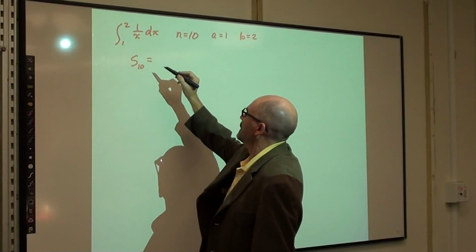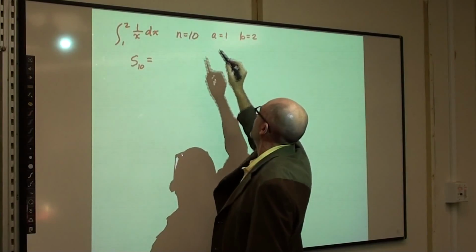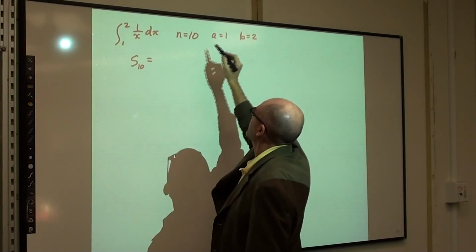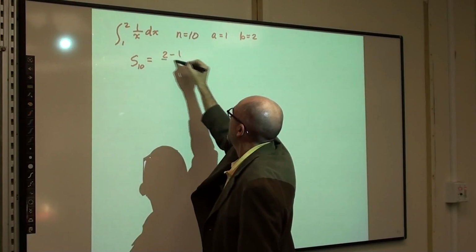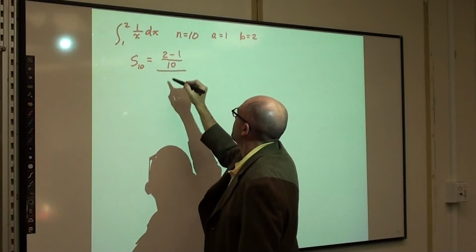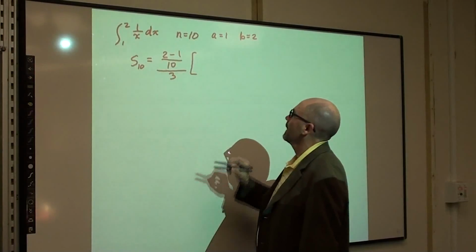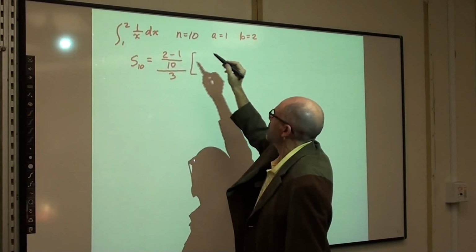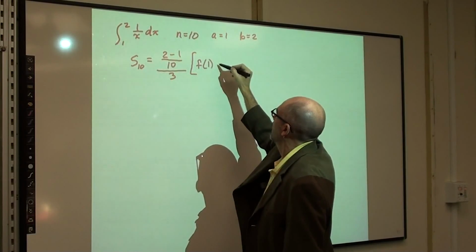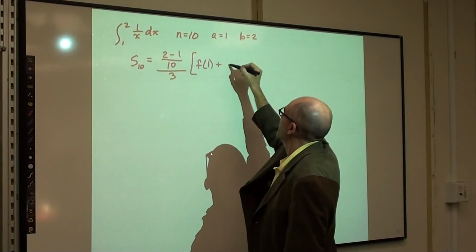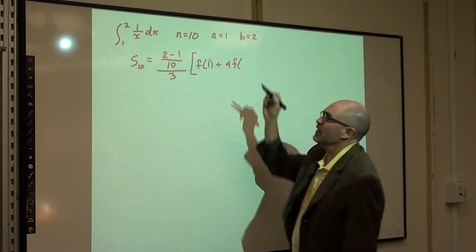So Simpson for 10 is going to be delta x over 3. So that's b minus a over n, so 2 minus 1, b minus a over n, divided by 3 times, okay, now we go f of x sub 0, which is f of 1, plus 4 f of, now we're going every tenth.